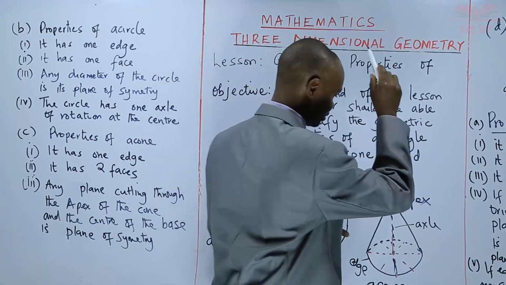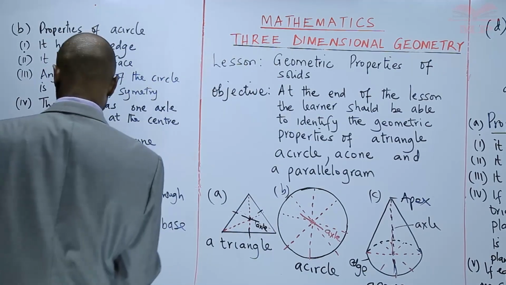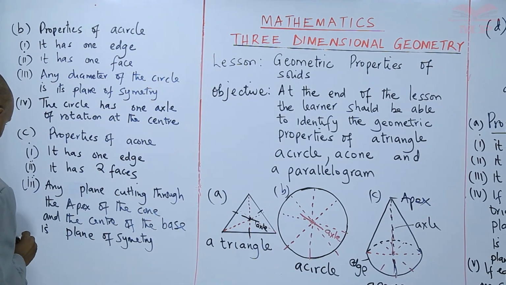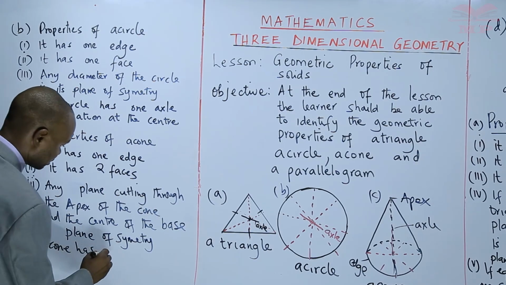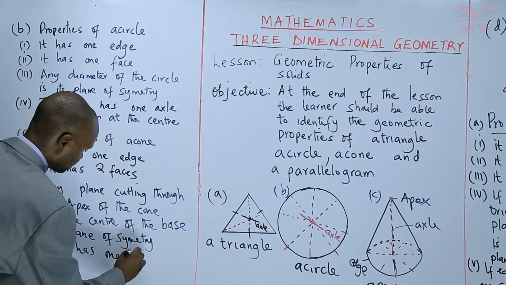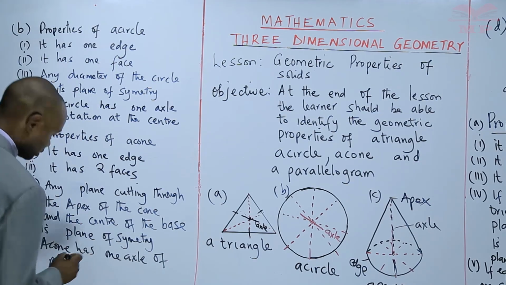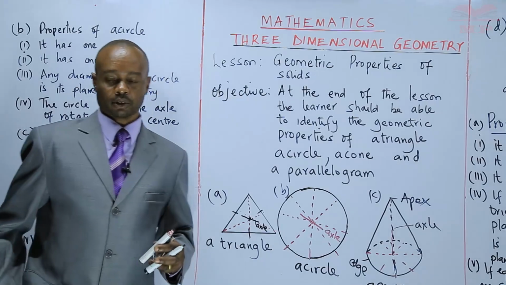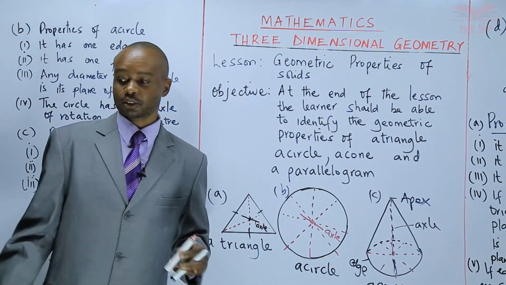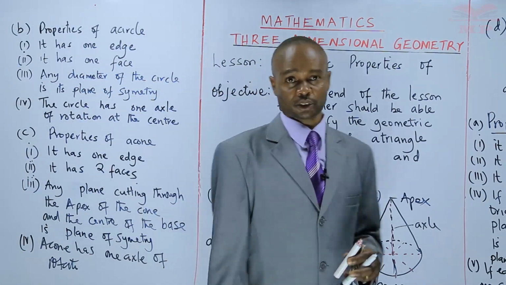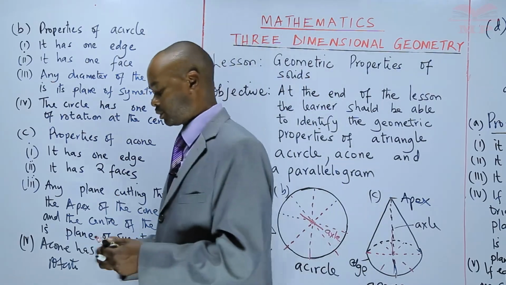In a vertical, it can rotate that way. So a cone has one axle of rotation.